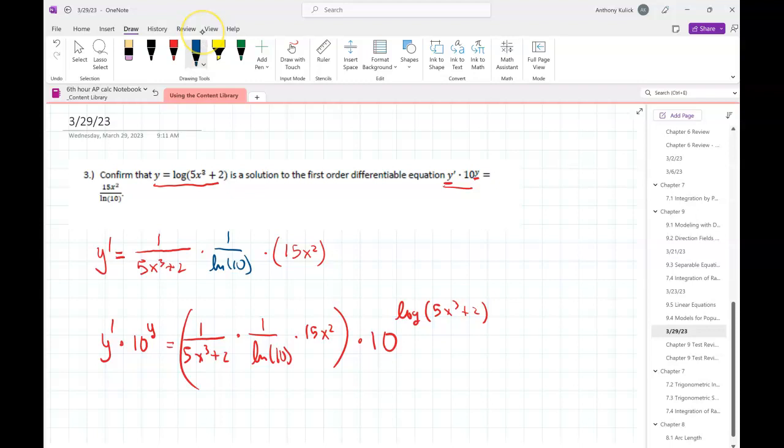Everybody's okay there? So what do we notice happens? Exponent base 10 cancels log base 10.